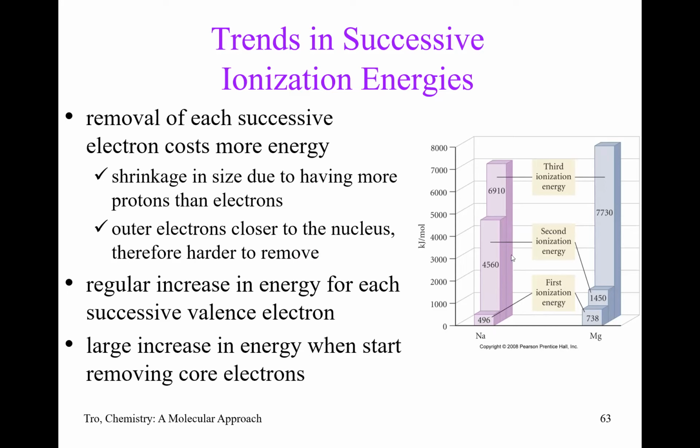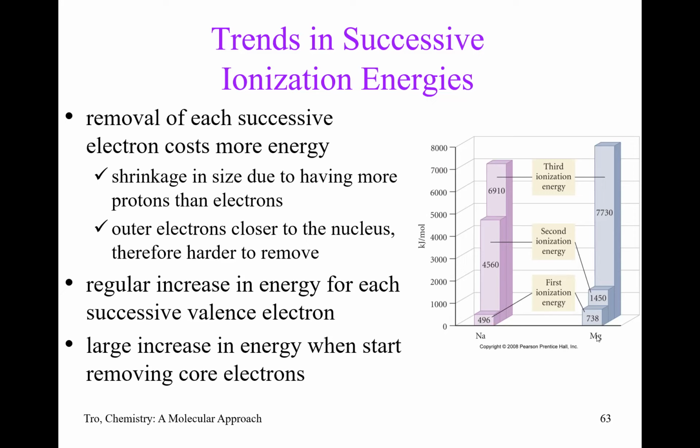This would be the equivalent of pulling an electron off the noble gas, the core electron. And the core electrons are really hard to remove, right? Because your ion then has 8 electrons. It's happy and it doesn't want to remove it. So we see this huge gap when you go from removing a valence to then a core electron.